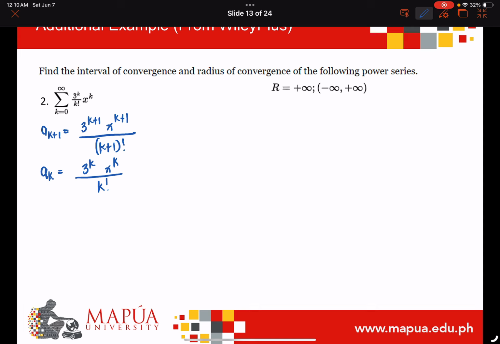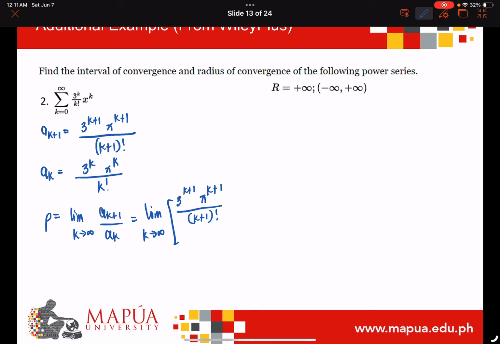So our rho is equal to the limit as k approaches infinity of a sub k plus 1 over a sub k. That's 3 raised to k plus 1 x raised to k plus 1 over k plus 1 factorial, divided by 3 raised to k x raised to k over k factorial.